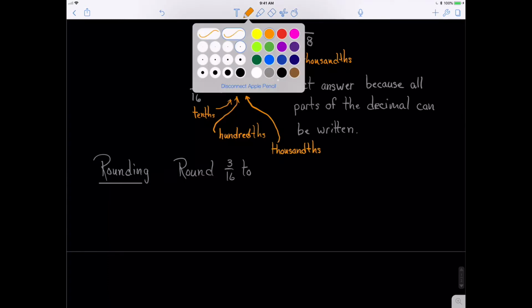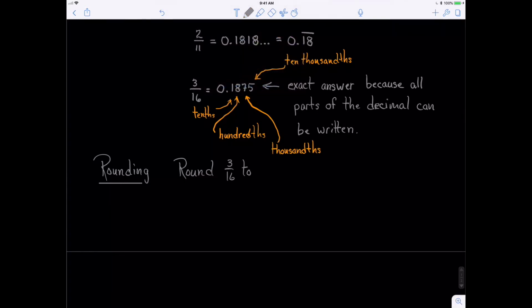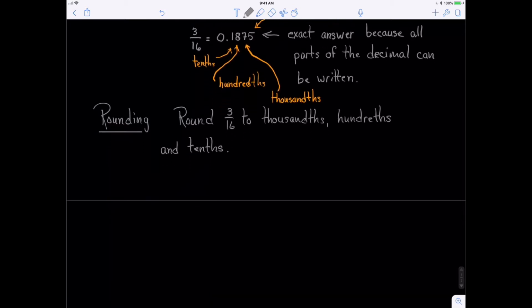So we're going to do thousandths, hundredths, and tenths.